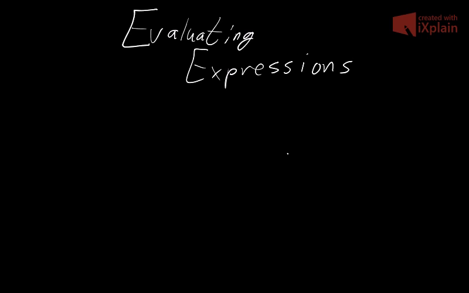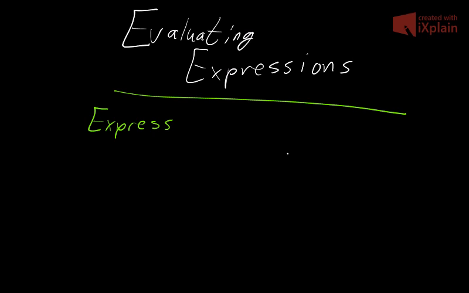Today we are going to have a short lesson on how to evaluate expressions, mostly because, one, it shouldn't be too difficult, and two, we've done it last year. So when I say evaluating expressions, quick reminder, an expression is going to be a bunch of math stuff with no equal sign.